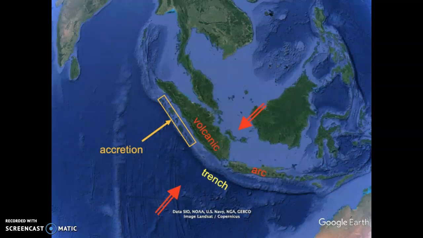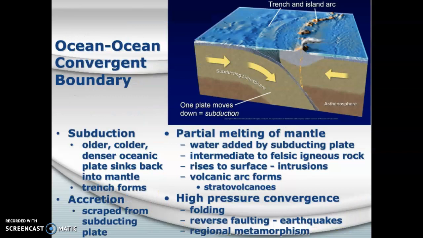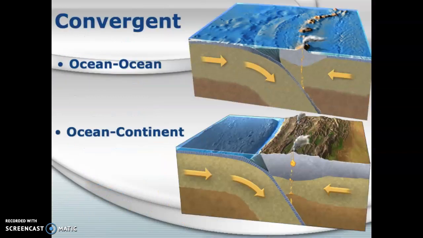Now, you might say, what happens if the crust involved is continental on both sides? And we will get to that in a moment. I want to talk about this first, ocean-continent convergent. So we talked about ocean-ocean, and here was our original slide.